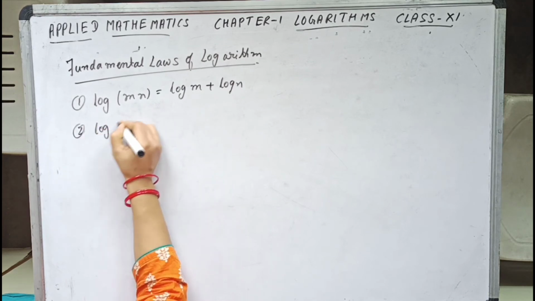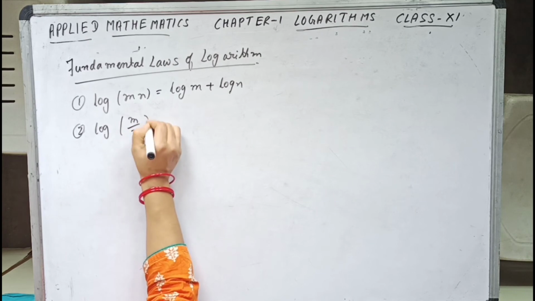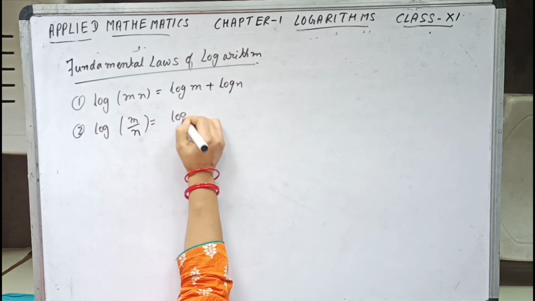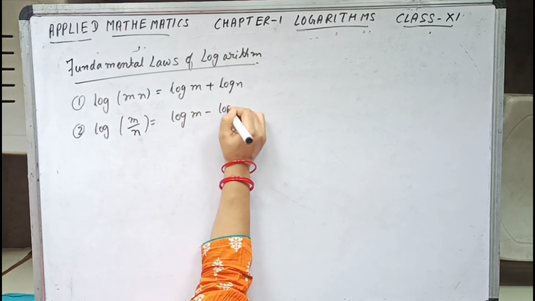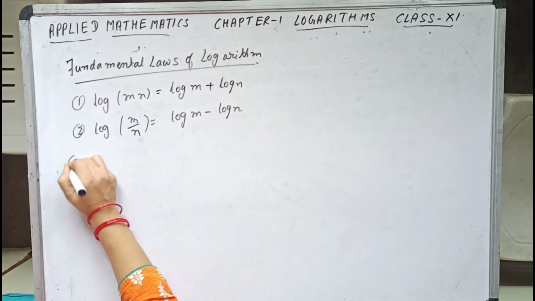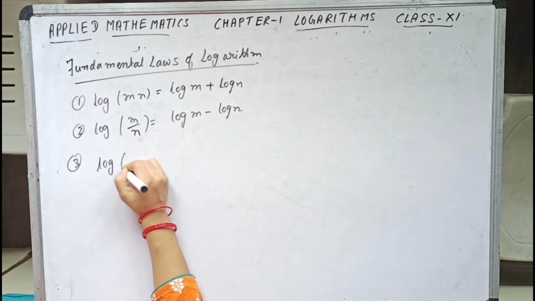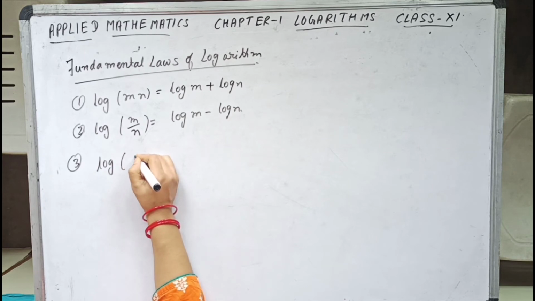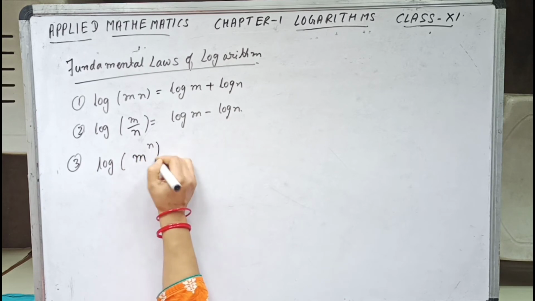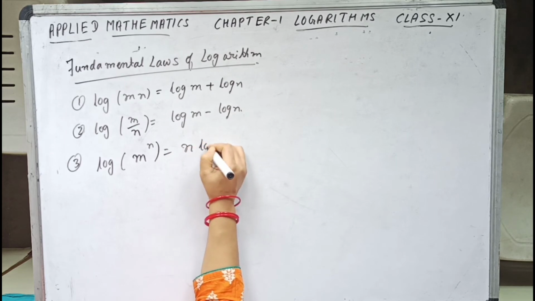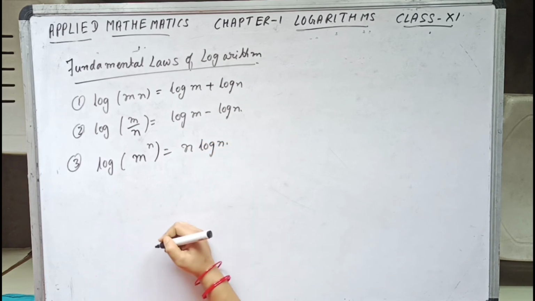Again division, log of m by n equals log of m minus log of n. Now number 3, log of any number, suppose m power n, we can write as n log of m.